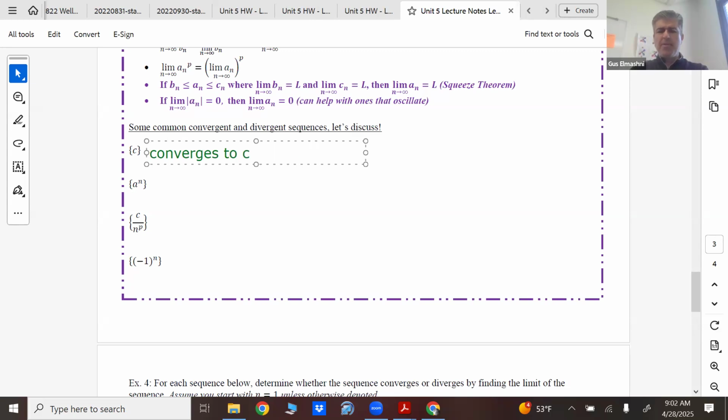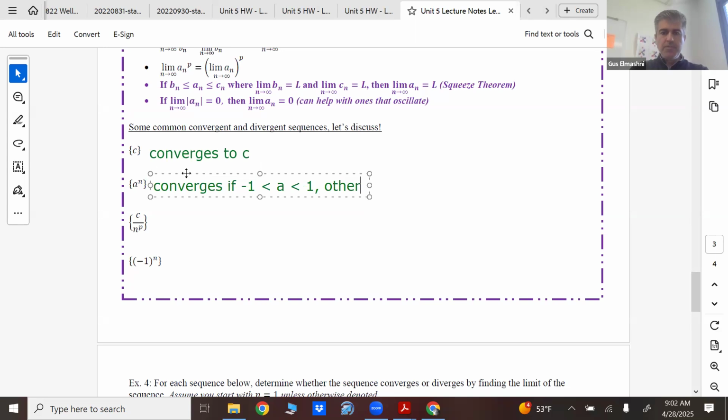Of course it converges when n approaches infinity. It converges to C. Here, this converges if A is between -1 and 1. Otherwise, diverges.